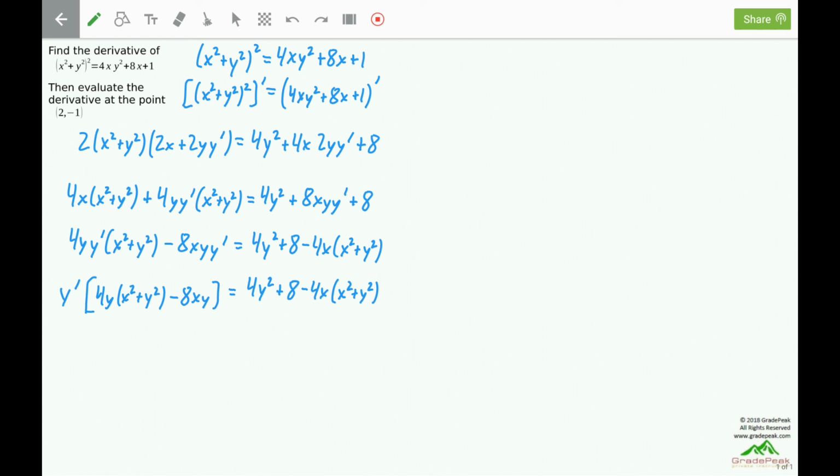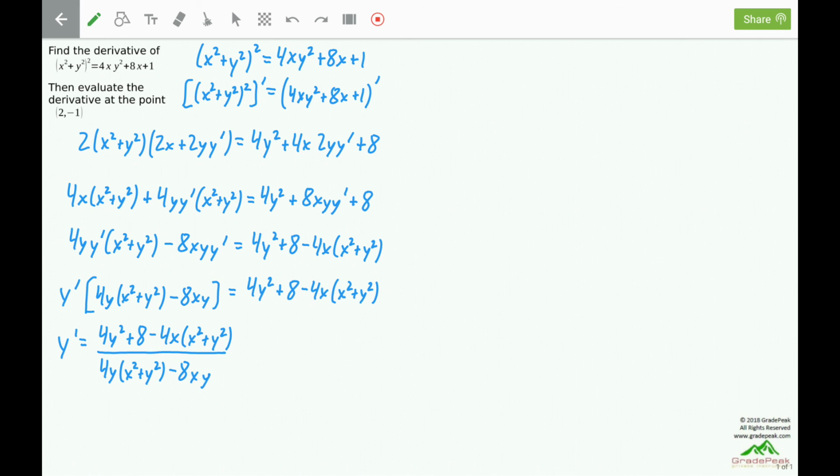And we can now divide. So our y prime will equal 4y squared plus 8 minus 4x times (x squared plus y squared), the entire right side, divided by what's in the square brackets on the left side, 4y times (x squared plus y squared) minus 8xy.